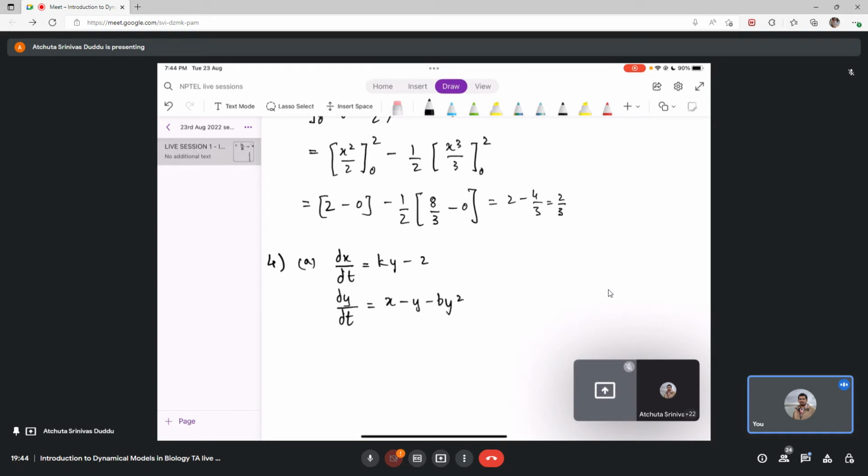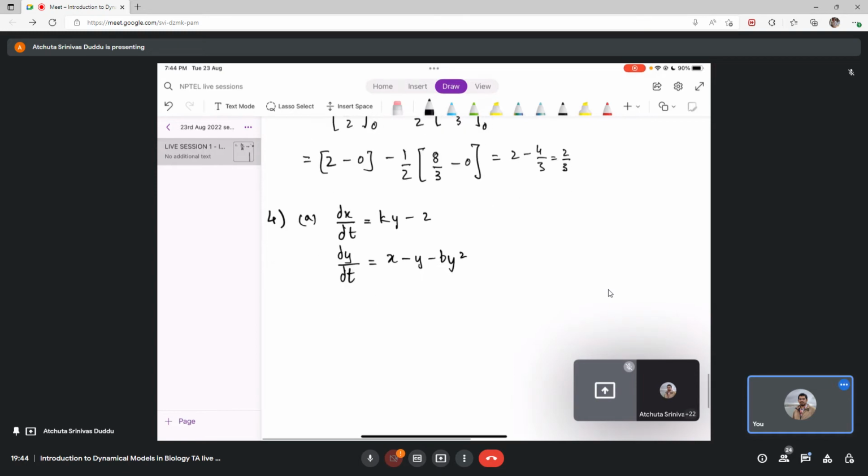So now, is this linear or non-linear? That is the question. So the difference is that in linear, the dx by dt and dy by dt are on the LHS. On the right hand side, you need to have all the powers of the dependent variables x or y to be only first order. So for it to be linear, it has to be only x power 1 or y power 1.